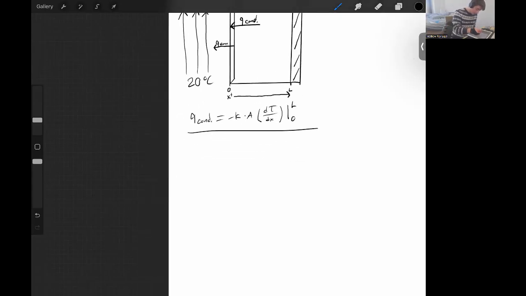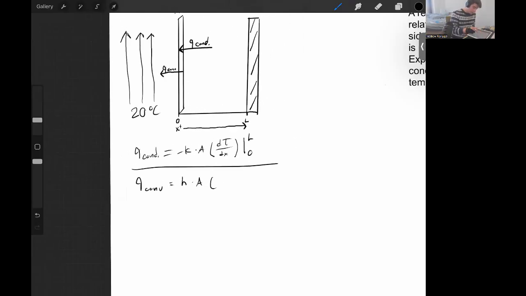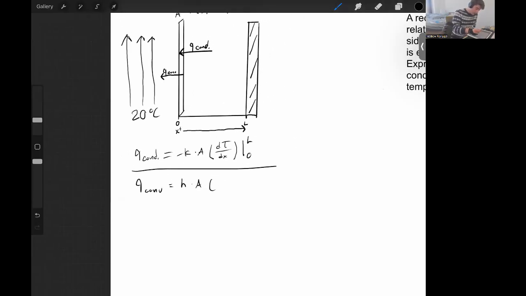Our second equation is going to be the convection. Convection is equal to h times A, and then remember, we said that x is positive going this way, which means we have the distance of infinity in this case. This could be any distance.